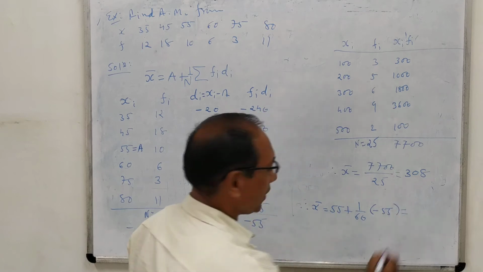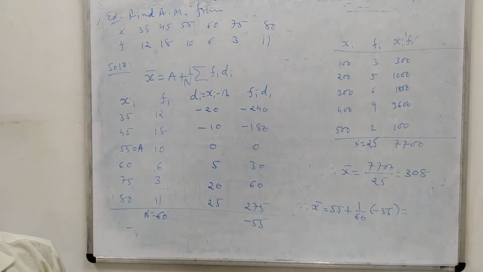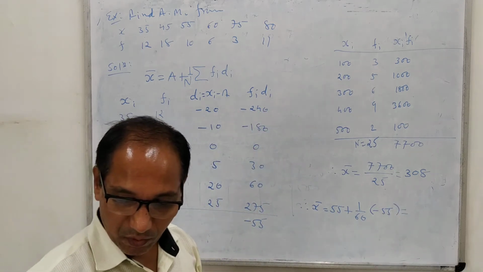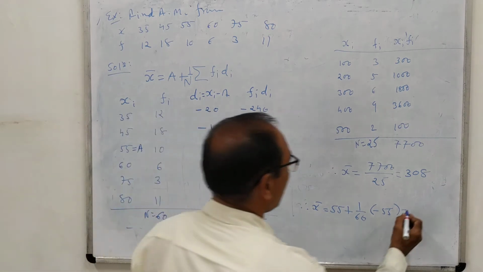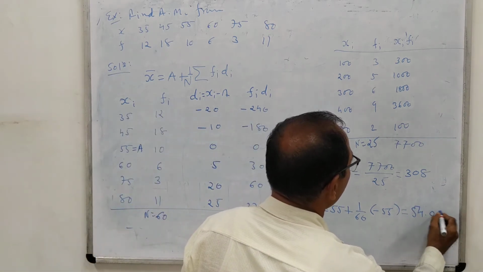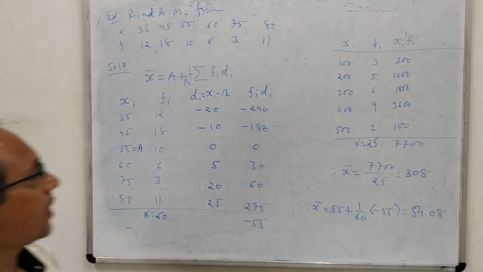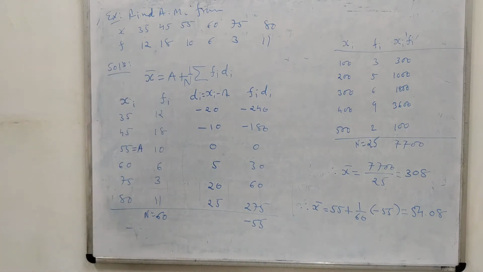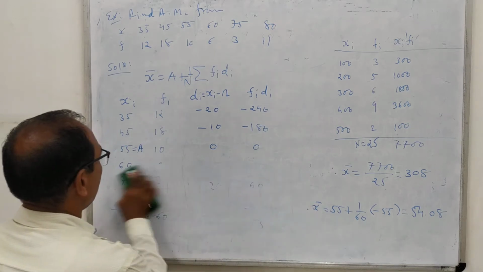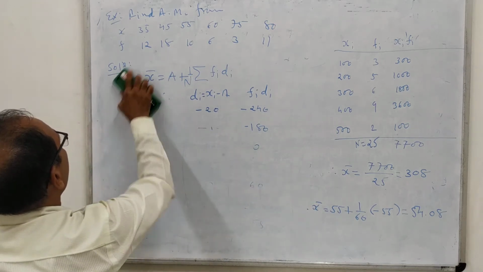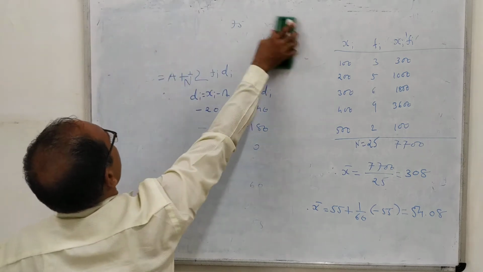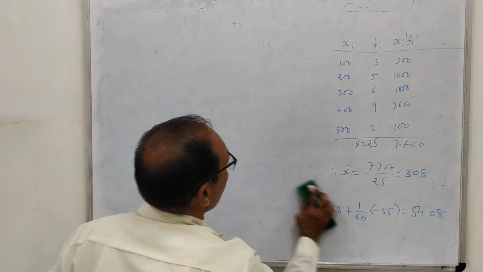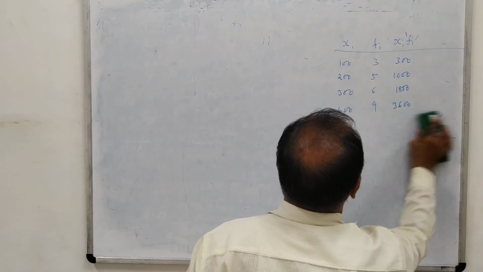So you can calculate this by using calci and get the answer 54.08. So you must have seen that this formula is also very simple to implement. Okay? Are you clear with this? And you must solve all these examples whichever I am writing on the board at your home also.